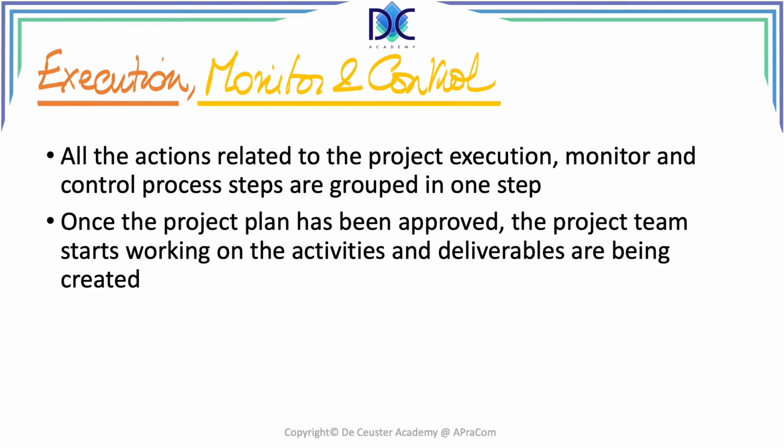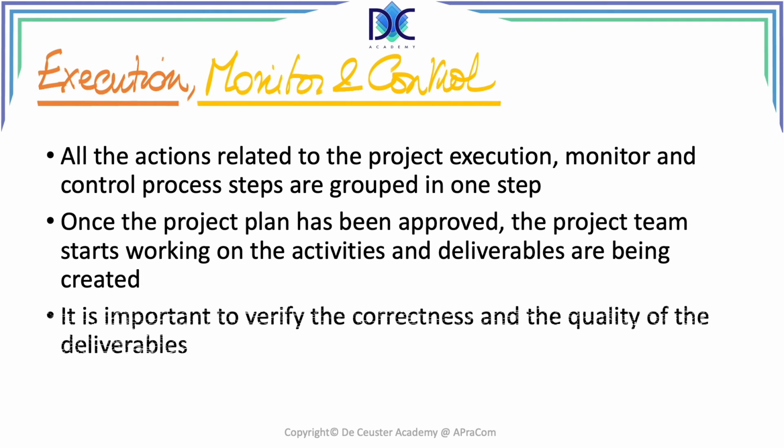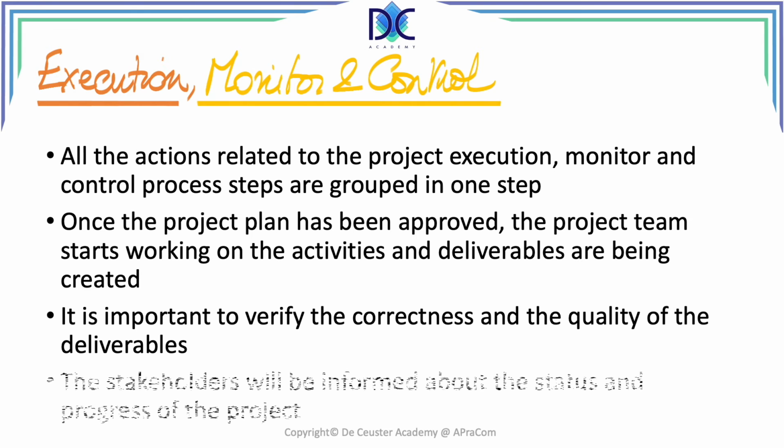Once the project has been approved, the team can start working on the activities and create the deliverables. It is very important to see that those deliverables are correct, that they have the quality that we desire, and so on. So they have to be controlled, that they are according to the specifications.